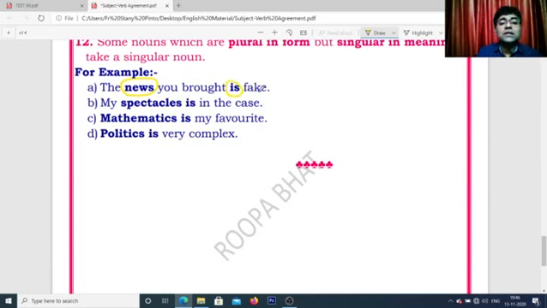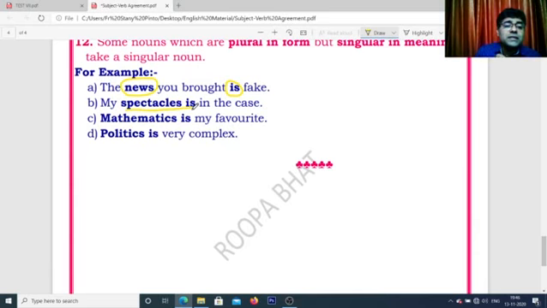The news you brought is fake. My spectacles is in the case. You don't say spectacle. Spectacles. There is one here and there is one here too. So scissors, also similar examples. My spectacles, don't say my spectacles are in the case. Case refers to that box.